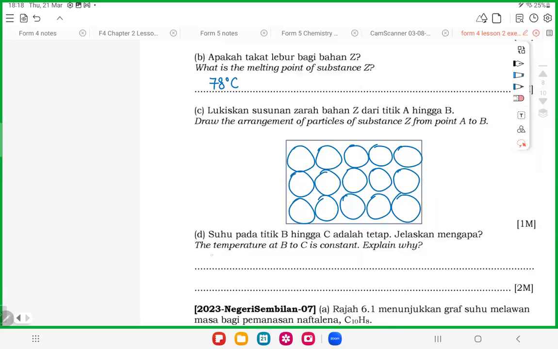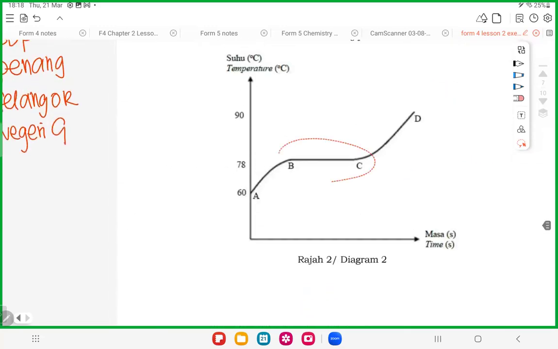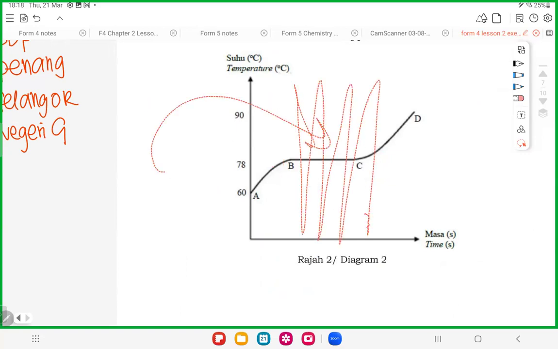Next one. The temperature B to C is constant. Why didn't the temperature change? B to C, what is it? B to C is here, melting. Why during melting does the temperature not change? During melting, all the heat absorbed is used to break the solid particles apart.